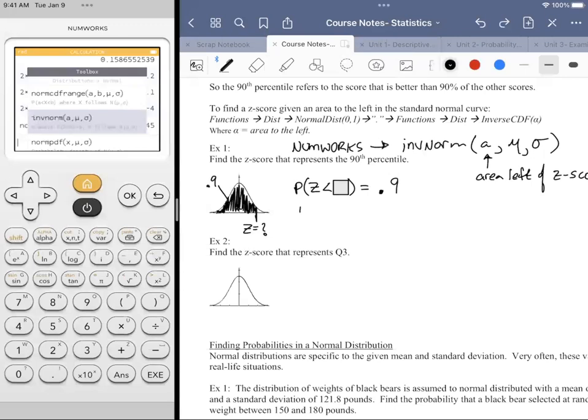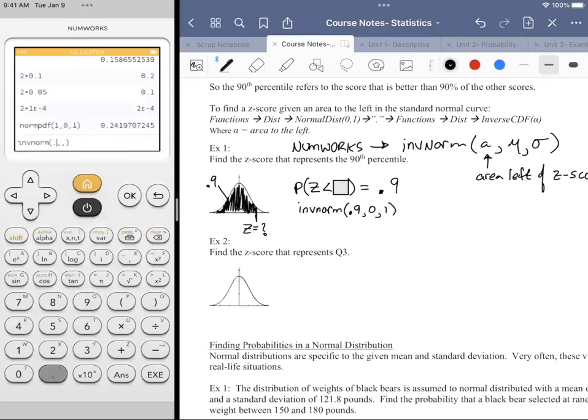So what I would write here is inv_norm. I'd put my 0.9, my 0, and my 1. And just hit OK or execute, and you get the Z-score.